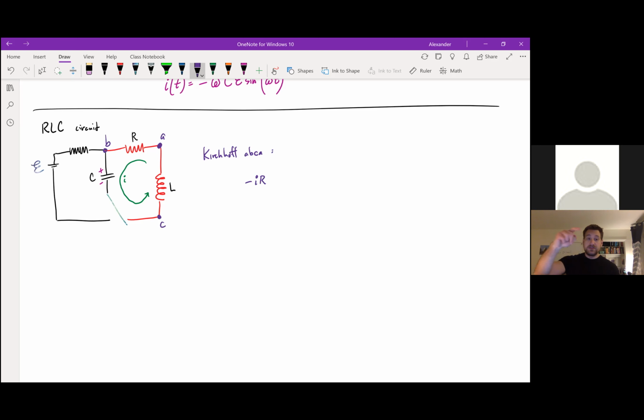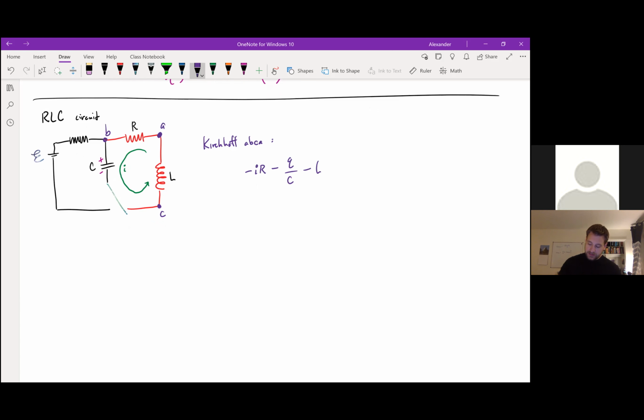We're backwards to the labeled capacitor voltage, so minus Q over C. And again, in the direction of the labeled current, the EMF across the inductor is opposite, so that's again a potential drop, L di dt. And we're back to A, and that's going to be 0. As we did before, there's no reason to keep these minus signs. They were physically meaningful, but now we've got just an algebraic relationship.